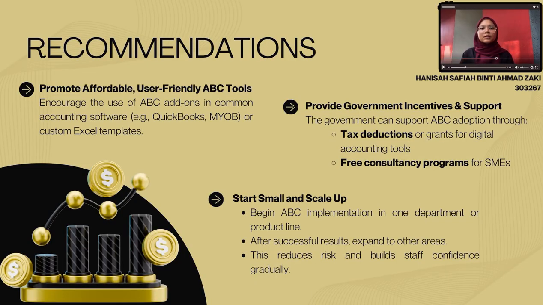Instead, businesses can begin with one department or product line, and then once they see the results, they can expand from there. This is especially useful in a complex sector like telecommunications, where starting too big can lead to resistance or confusion, like in the case of the telecom company that faced employee pushback and system complexity.